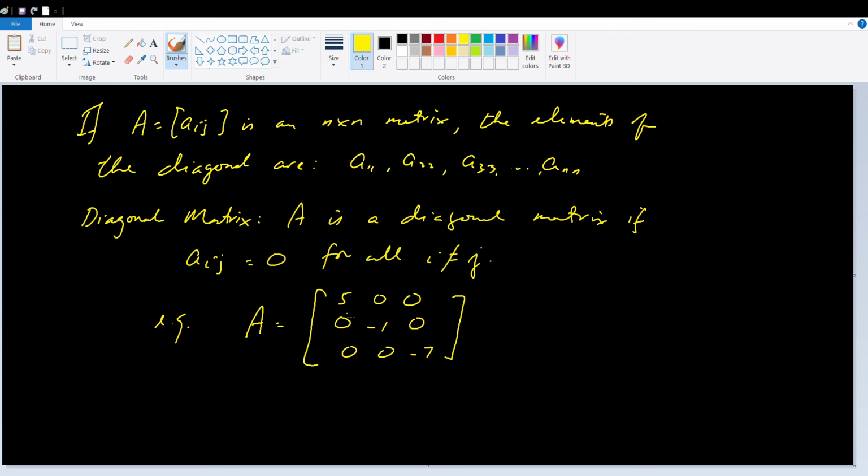The elements along the main diagonal are not all 0. There could be a few zeros along the diagonal, but not all of them are zeros. And all the rest are 0.